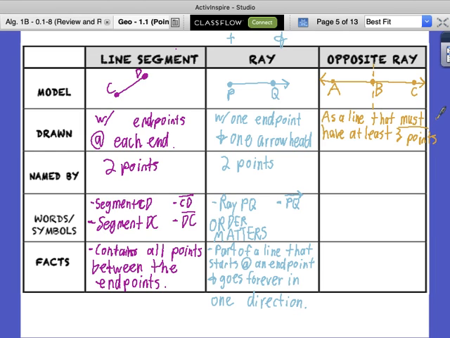So this one has to have at least 3 points for it to work. We'll talk about why in a moment. This one's named by 2 points per ray, so each ray needs 2 points.